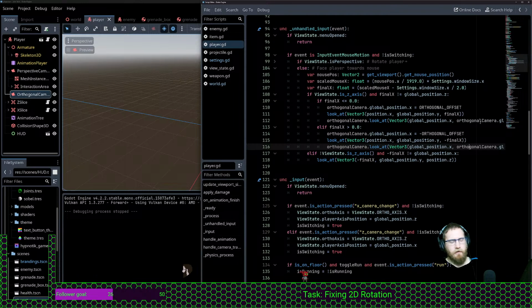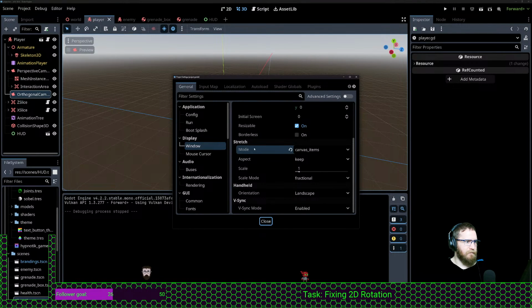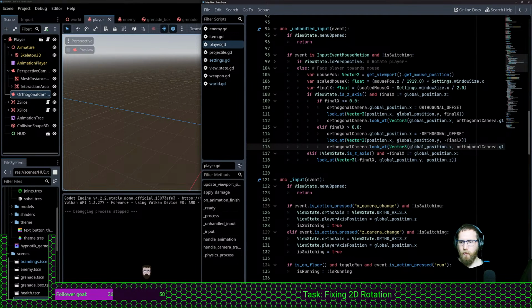The reason we can no longer have it as a part of a sub viewport container, which makes it a lot easier, is because we've got this mode of stretch canvas items, which would cause the camera to always display 1080p. But obviously, we don't want that because if we're on a higher or lower resolution, it just displays part of it.